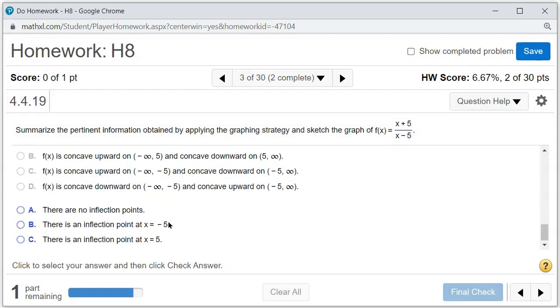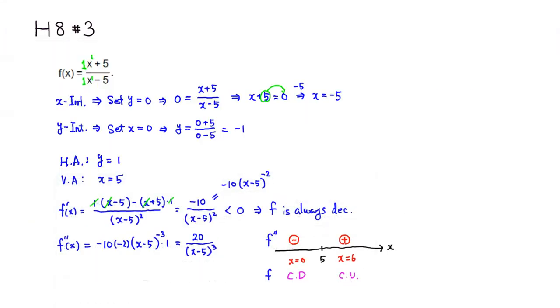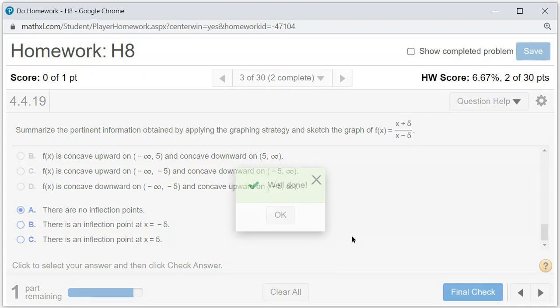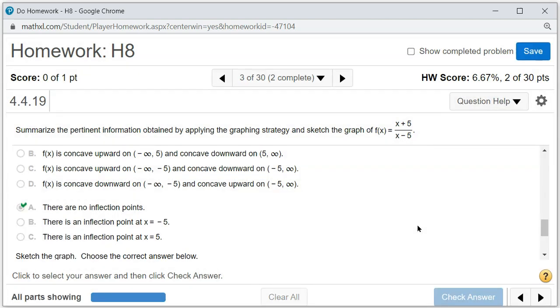And we want to find the inflection point. You can see that even though there's a concavity change, the only problem is that at this point the function is not defined. So there is no inflection point there. So here, no inflection point. Check that. All right, we got that.